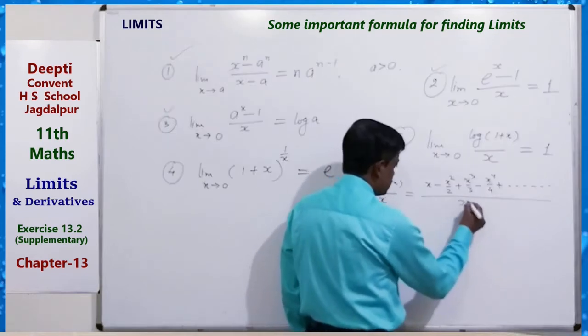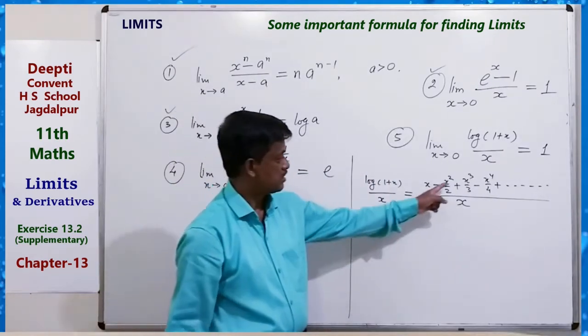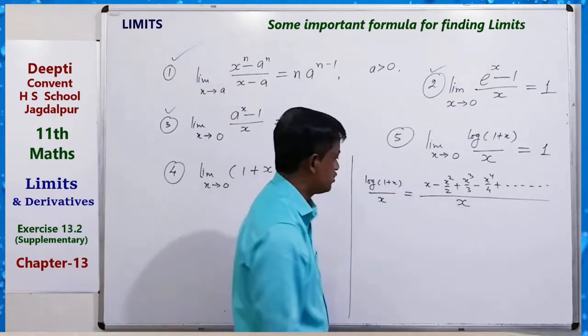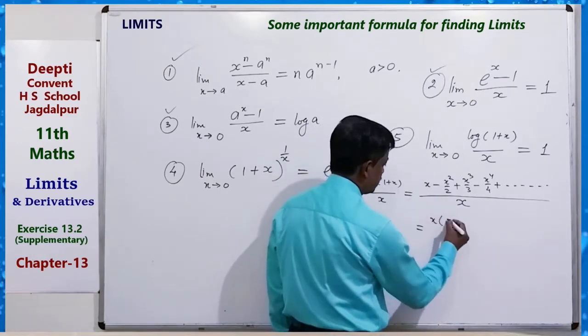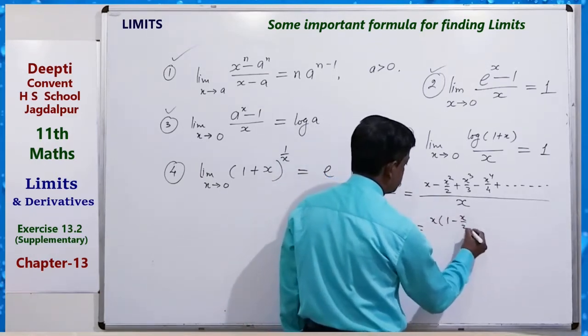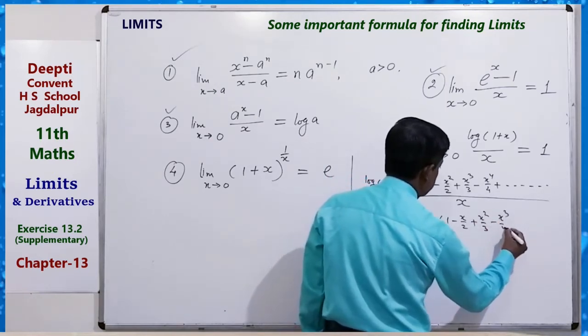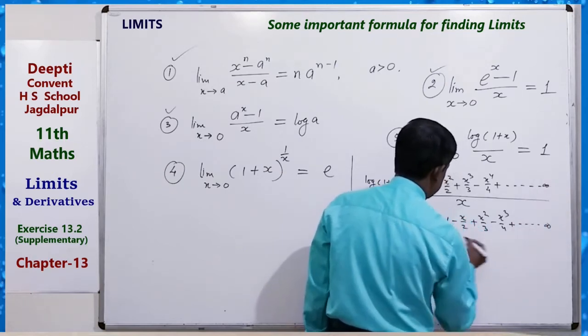Okay, and x is there in the denominator. Now you can take x common from the numerator and cancel out. So this equals 1 minus x by 2 plus x square by 3 minus x cube by 4 up to infinity.